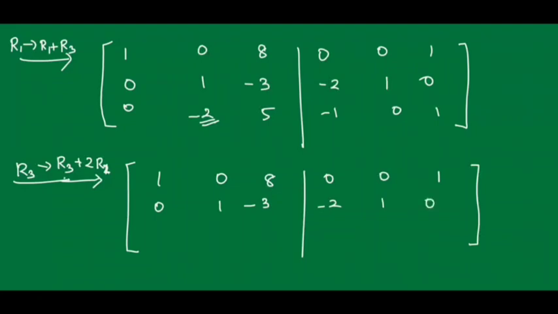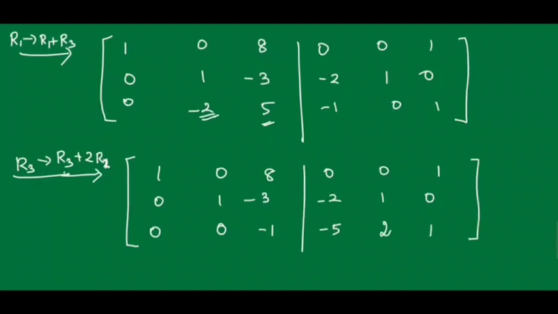Now R3 becomes 0, the next element also becomes 0, then 5 minus 6 gives us minus 1, the next element is minus 5, the next element is 0 plus 2 gives us 2, the next element is 1.